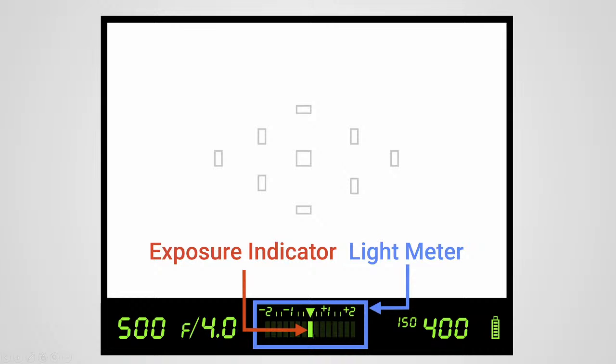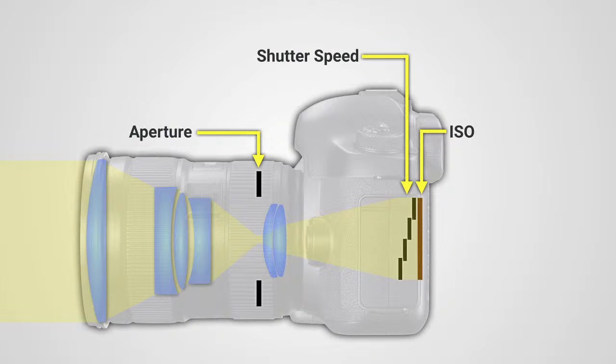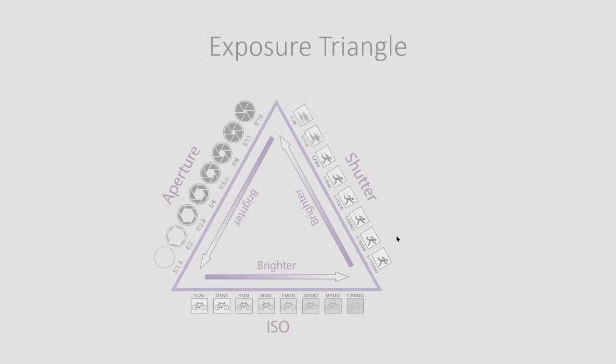So by putting the meter right at the center, you believe that the camera has really taken a good exposure. So where are these three components? The components we talk about for exposure are the aperture, which is inside the lens. Then you have the shutter speed, which is the shutter moving up and down, and the time between that.